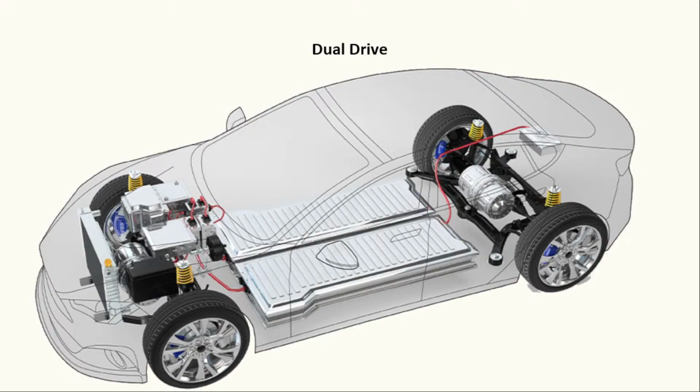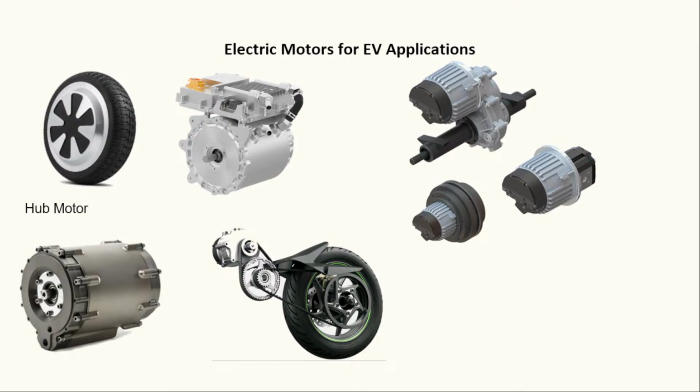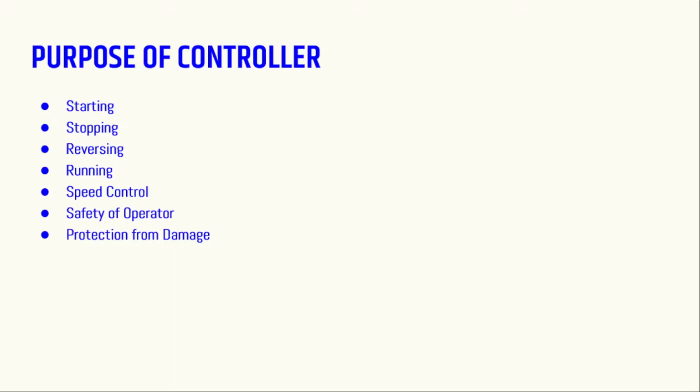It will move faster and perform better. It's all wheel drive, where each wheel has a separate motor. Generally these kinds of vehicles we can observe in racing vehicles. You can observe in the picture how EV motors look in a real-time scenario.